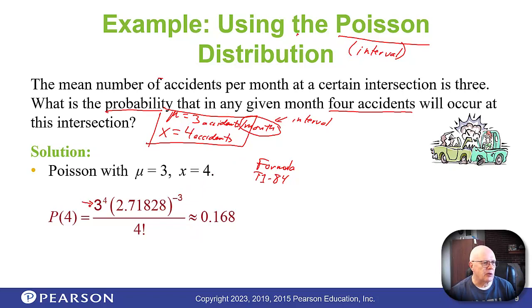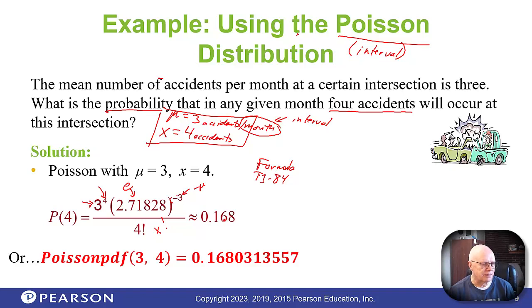Remember, this is mu, this is x, there's E, Euler's constant, there's minus mu, don't forget the minus, and down here we have x factorial, in this case 4 factorial. Do that in the calculator, and if you want to do it that way, you should get about 16.8%.